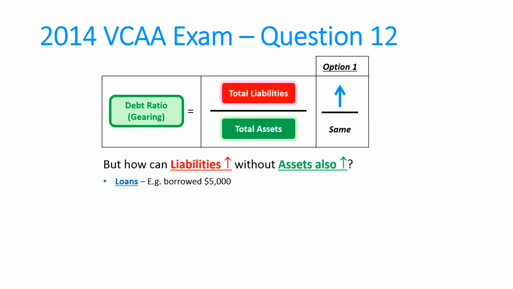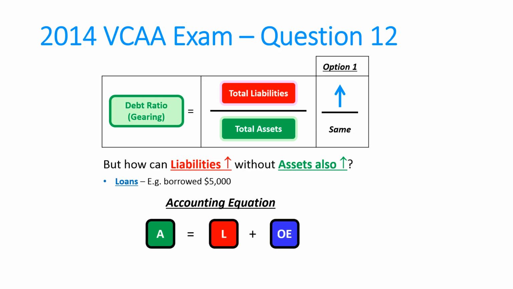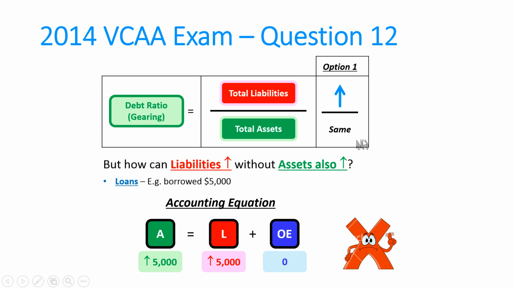Alright, what about if I took out some money and borrowed $5,000? Would that make liabilities go up? It would, so I'm okay here. That makes sense. However, would assets stay the same? They actually wouldn't, because now I've got more money. So assets would go up, and we said that can't happen. So it can't be that type of transaction either.